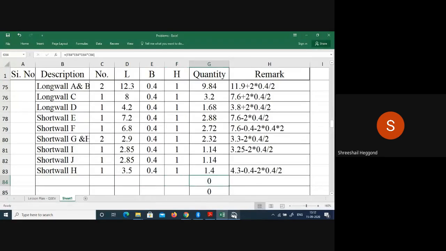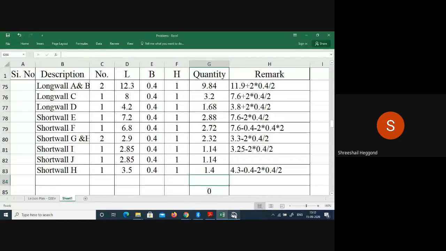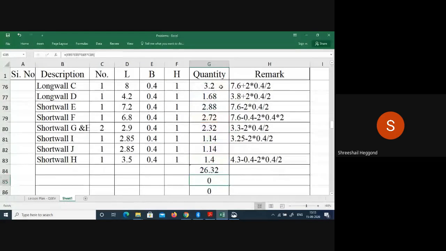One quantity will be total of. Total. And 6.32. We are getting the same answer.